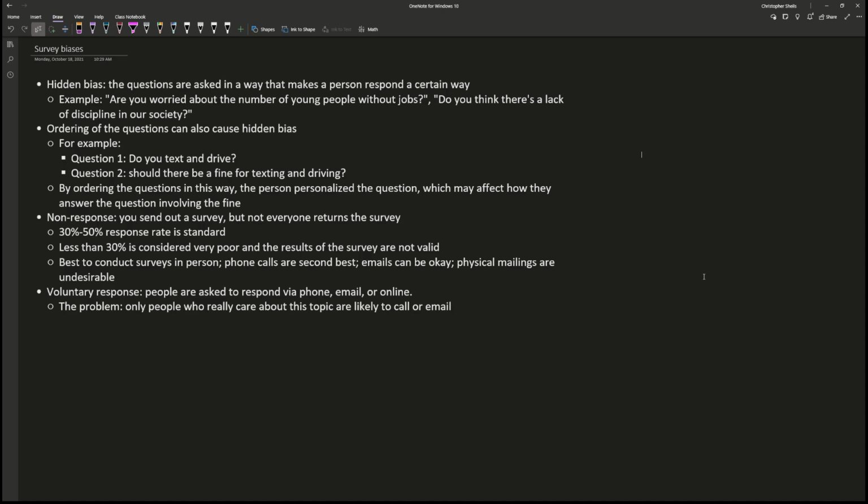But the difference between a voluntary response survey and a scientific study is that in a scientific study, the researchers ask the individuals to be involved, while in a voluntary response survey, the individuals become involved of their own choosing. So again, only people who really care about the issue are going to become involved in this case.